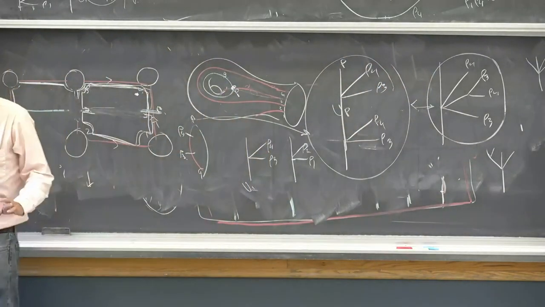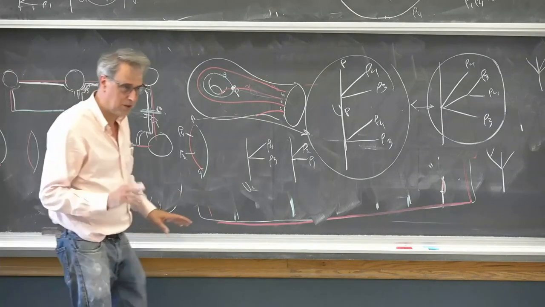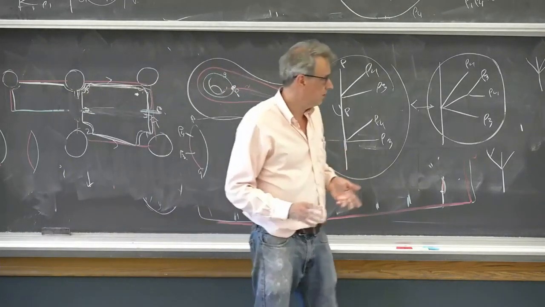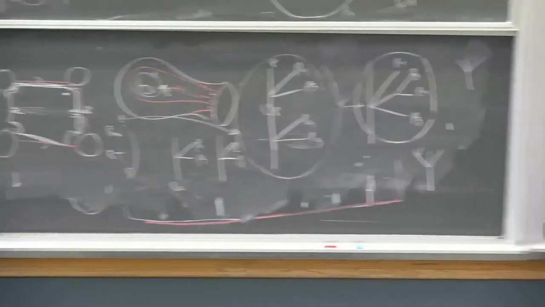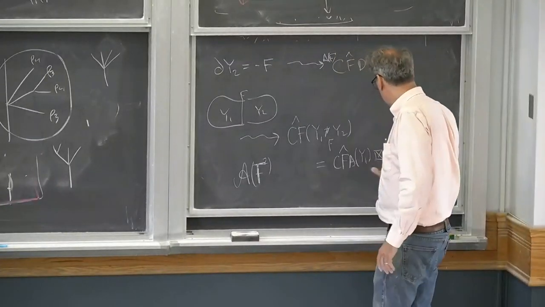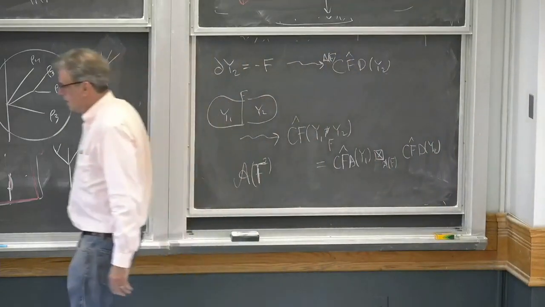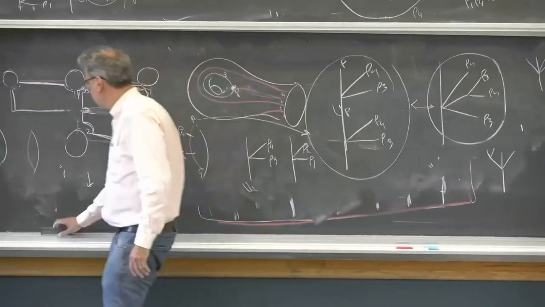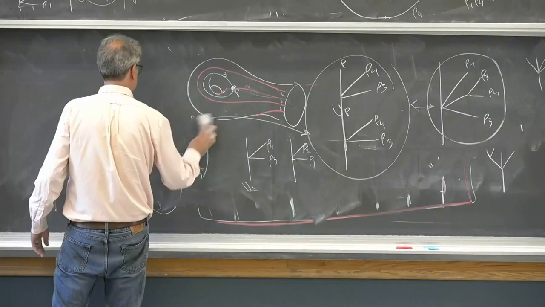I'd like to tell a story now in my remaining 3 minutes, which is why on earth a theorem like this should be true. Why would you get a kind of tensor product description? Let me start by saying what analysis gives.